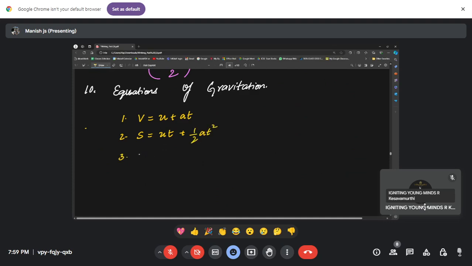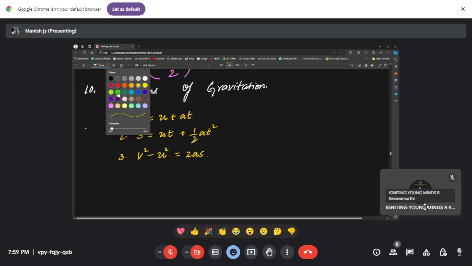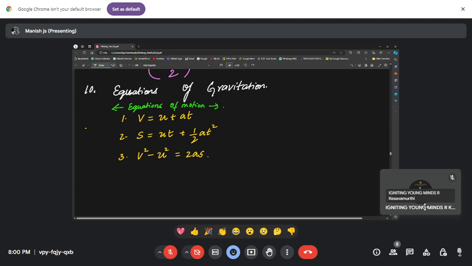Third equation of motion is v squared minus u squared equals 2as. So we have learned three equations of motion. So what I've written here is basically equations of motion. Now we are going to map them in terms of equations of gravitation.